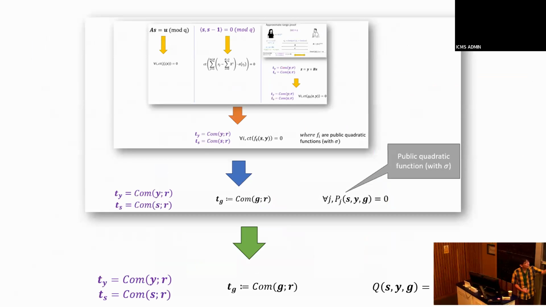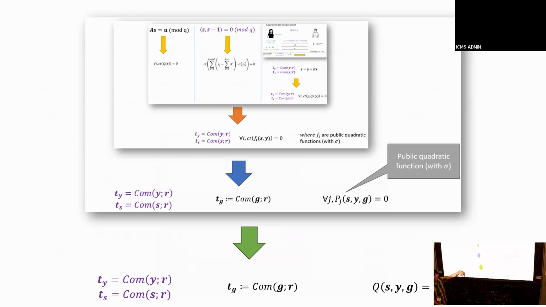Imagine that in all steps there is rewinding, knowledge extraction. If I rewind here, I end up with some candidate witness. I rewind again, and in another execution I end up with a second candidate witness, a second fraction. I want to make sure that all these fractions are the same, that I always talk about the same candidate witness.